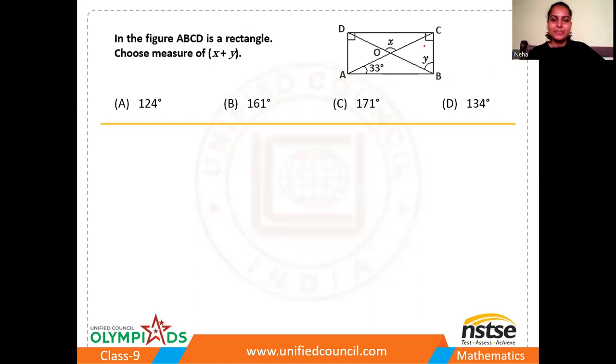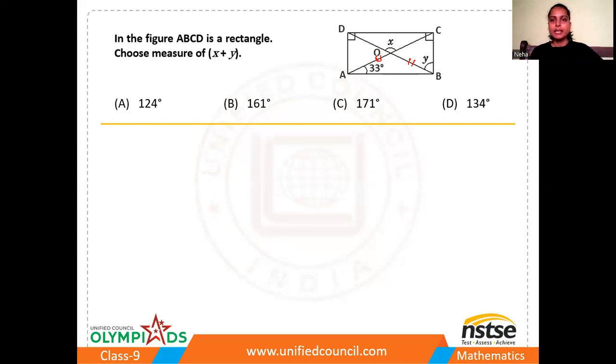Alright. So here students, first of all we have to imagine some triangles, right? So in triangle AOB, okay, this is the triangle AOB. As we can see that OA is equals to OB, right? Because in the rectangle, the diagonal bisects at midpoint, right?